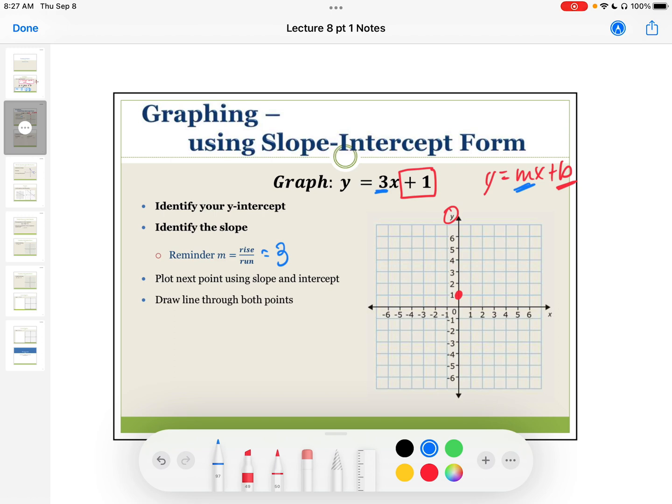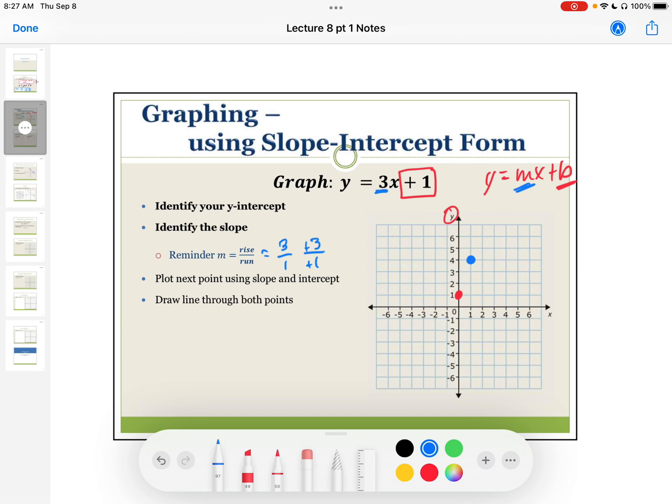But remember your slope is rise over run. So I need to make 3 a fraction. How can I make 3 a fraction? Well, I can put it as 3 over 1. Okay, so this is a positive 3 and a positive 1. So that means that I can go up 3 and to the right 1 to find my second point.